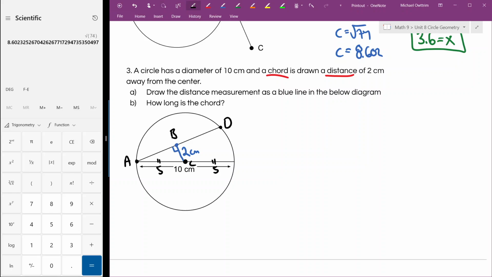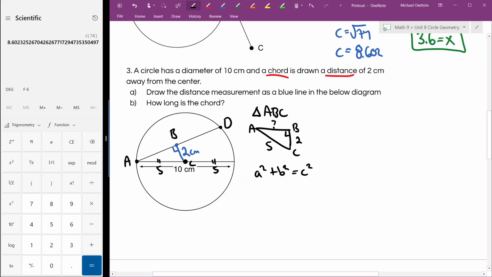So let's start by looking at a right angle triangle. For the triangle that I have here, I have triangle ABC. And it looks something like this. We've got our 2 that we just figured out, our 5 on our radius, and our right angle at corner B. So let's solve that triangle with Pythag to solve for length AB.